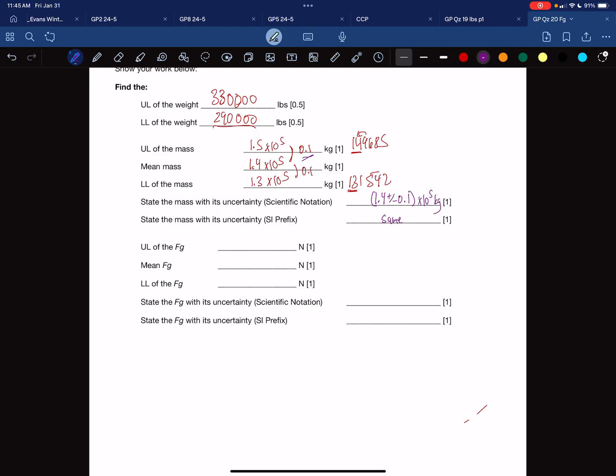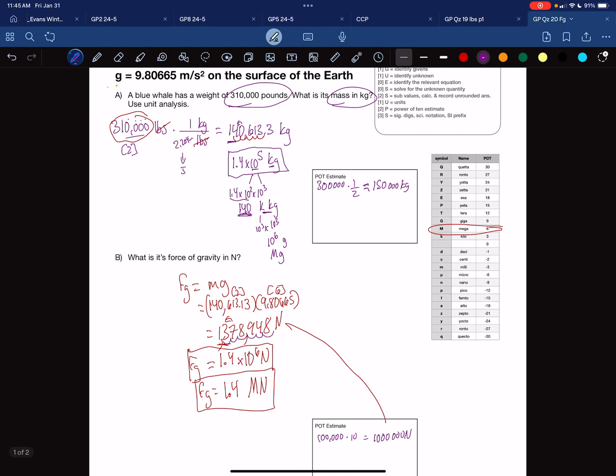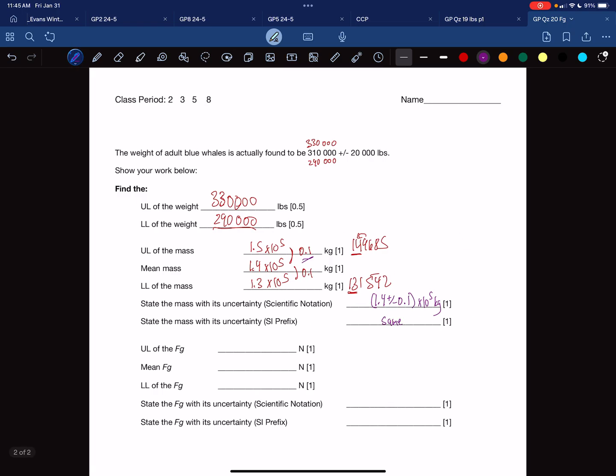Now, what about the upper limit of the force of gravity or the mean of the force of gravity? Well, the mean of force of gravity we already have, which is 1.4 meganewtons. Actually, let's leave it in the regular newtons. So that'll be 1.4 times 10 to the 6th newtons.